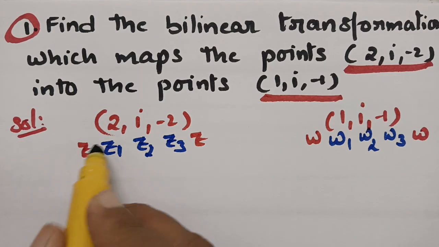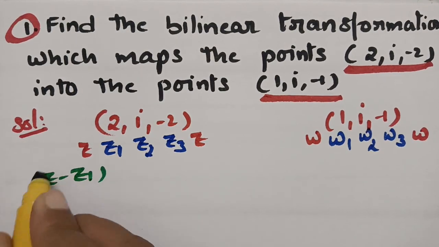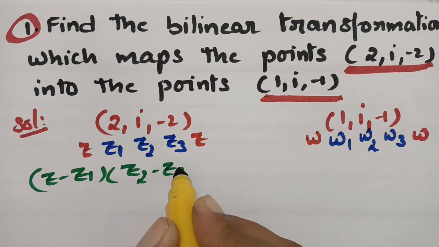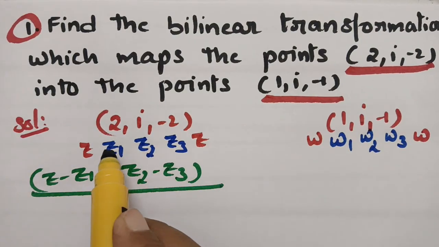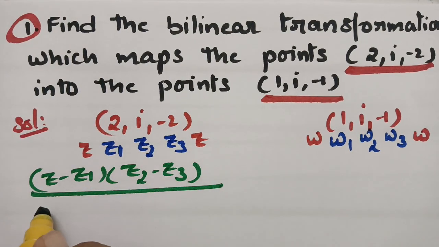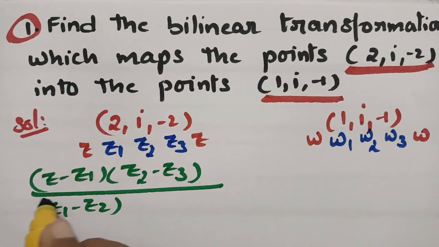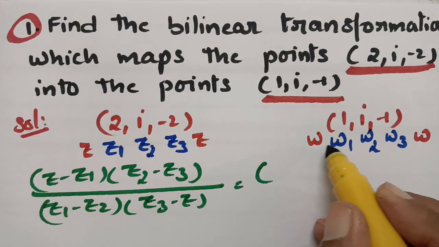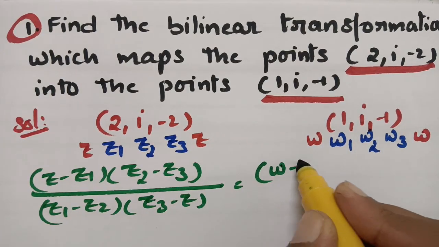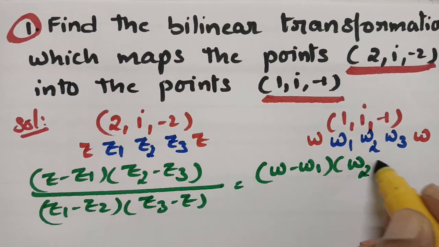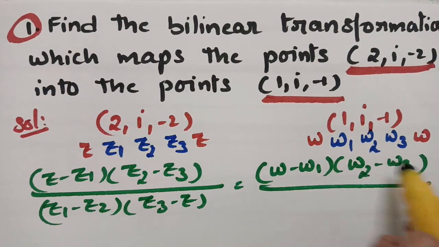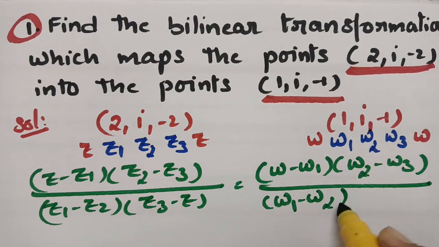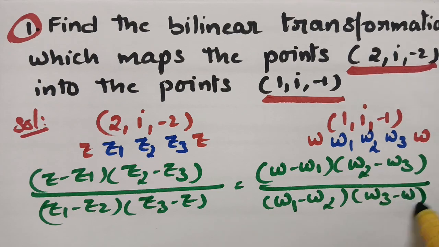First, z minus z1 into z2 minus z3, divided by z1 minus z2 and z3 minus z, which is equal to w minus w1 into w2 minus w3, divided by w1 minus w2 and w3 minus w.